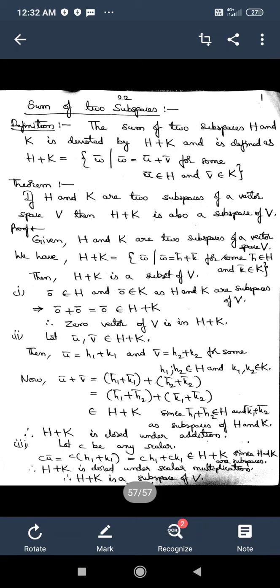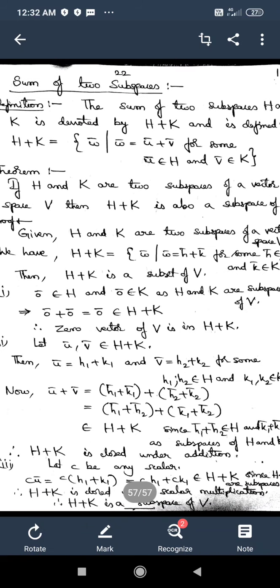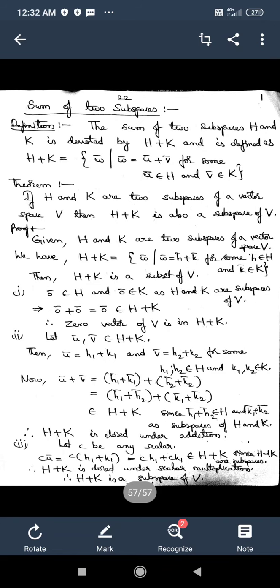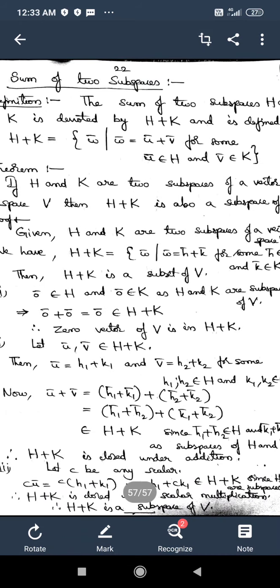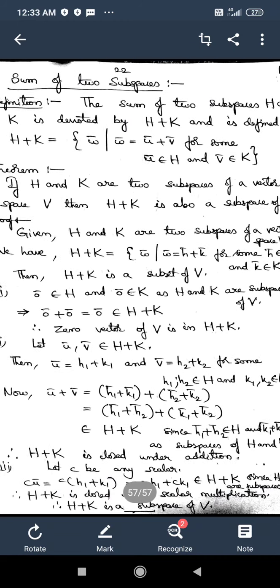So the sum of two subspaces can be defined like this: H plus K is equal to the set of all vectors W bar of the form W bar equals U bar plus V bar, taking U bar from H and V bar from K. That constitutes the set H plus K, which is called the sum of two subspaces H and K. And now we have proved that H plus K, the sum of two subspaces, is also a subspace whenever the two sets we have considered are subspaces by themselves.